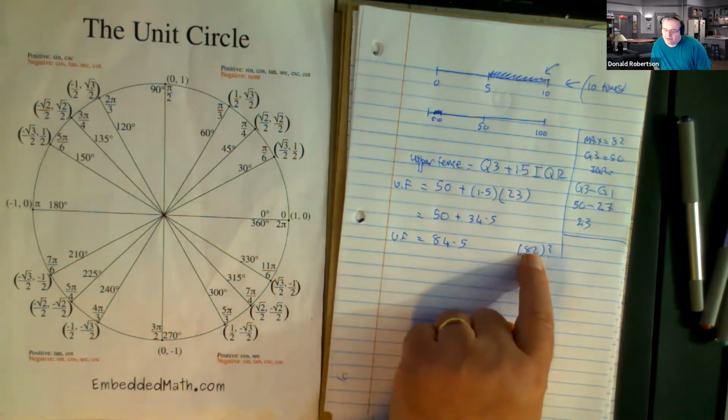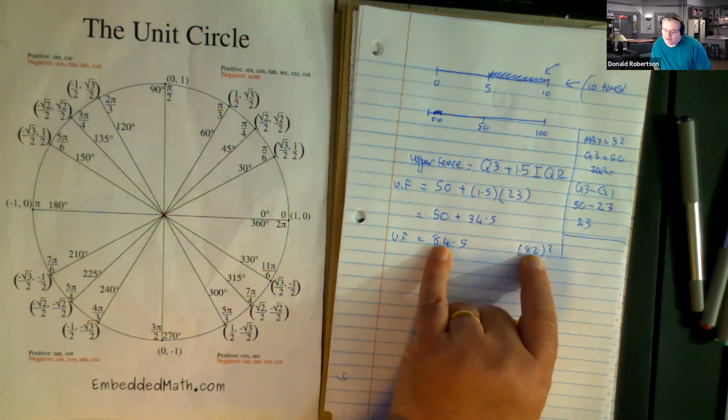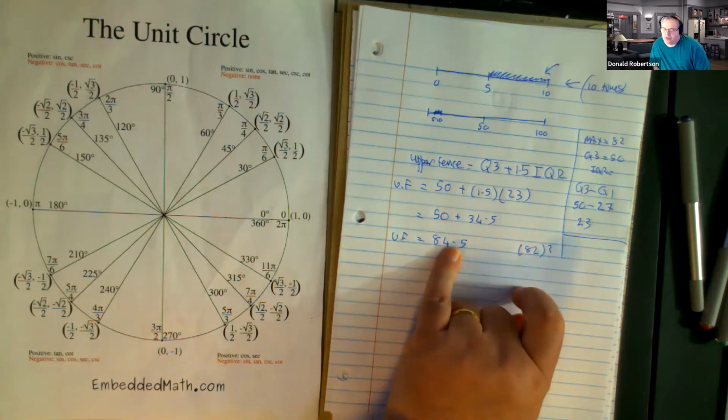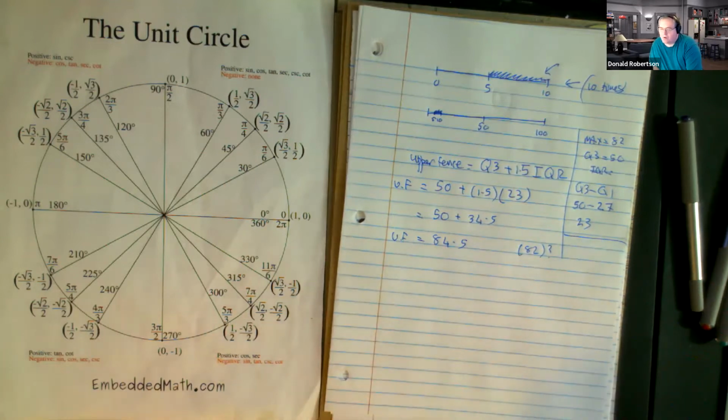Well, what is the conclusion? Is 82 an outlier now that you know that the upper fence is 84.5? Anyone want to throw in the answer? Is 82 an outlier when you know the upper fence is 84.5? Correct. It's not an outlier.